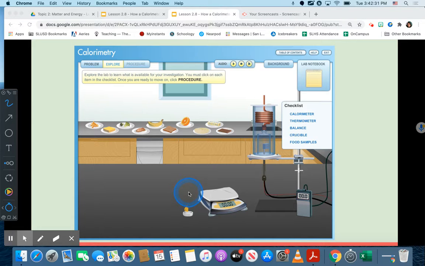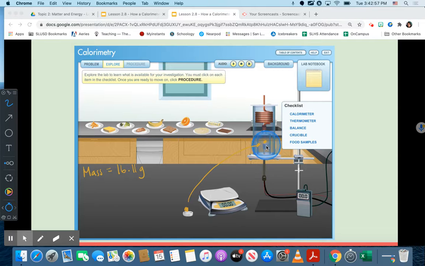So first I need to know the mass of the butter that I'm measuring. Let's say our butter weighs 16.11 grams. And once I know that, I can place it inside this device. So step 2 is I put it in this machine called a calorimeter.